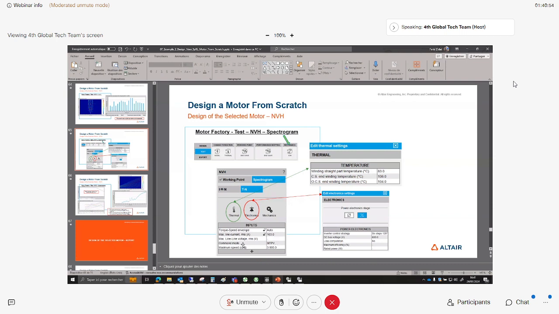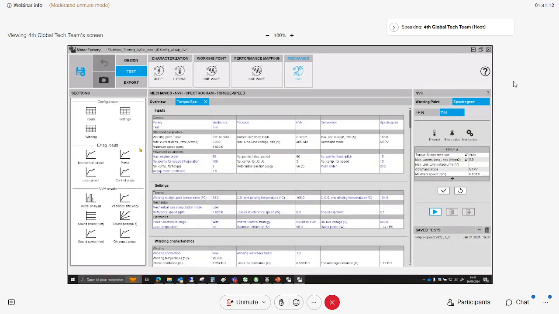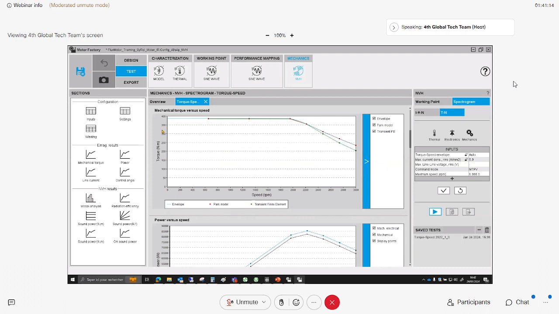Okay, once you did that, you can launch the computation. You should not be surprised because the computation will take longer in this case, because it will first compute the envelope of the machine, torque speed, and then each working point will be launched in a transient Flux 2D computation. And at the end of the computation, you will see that there is a comparison between the Park model and the transient, pure finite element computation.